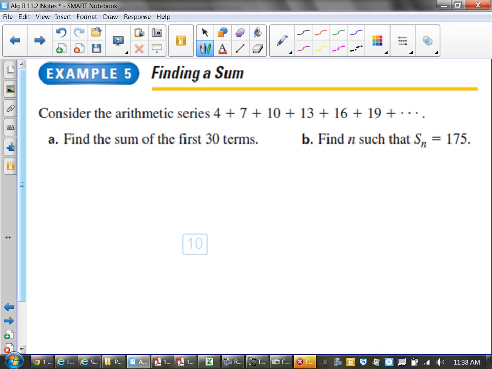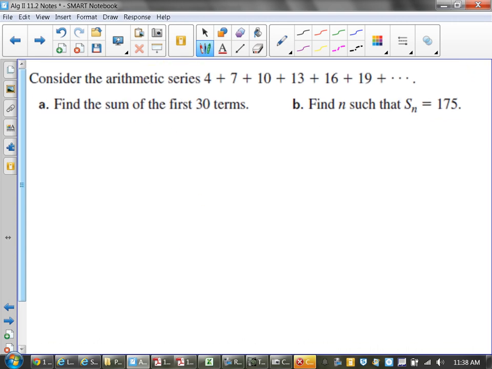For example, there's going to be 2 parts to this. We're going to write up the rule, find the sum for the first 30 terms, and then we're going to figure out how many of them it takes to add up to 175. Again, you're going to find out that the math you're doing really isn't difficult.